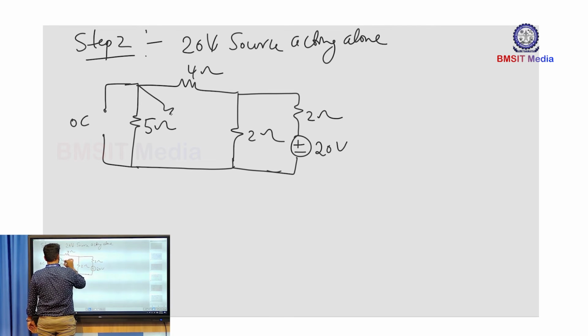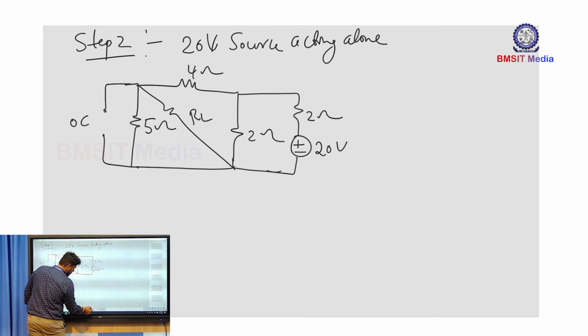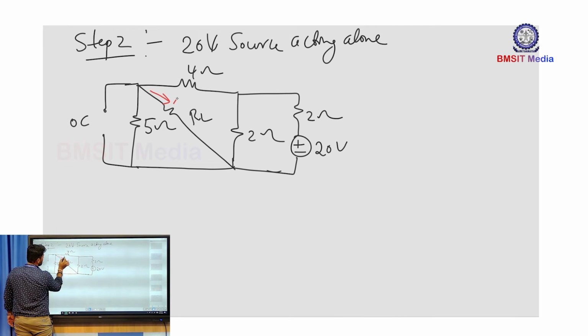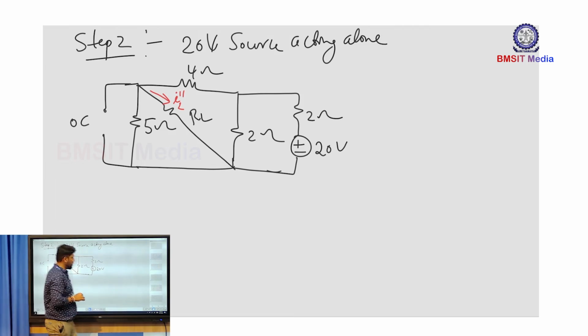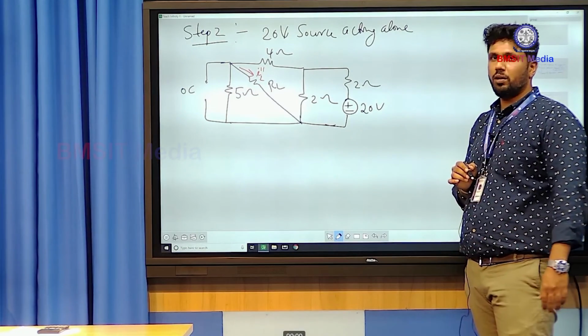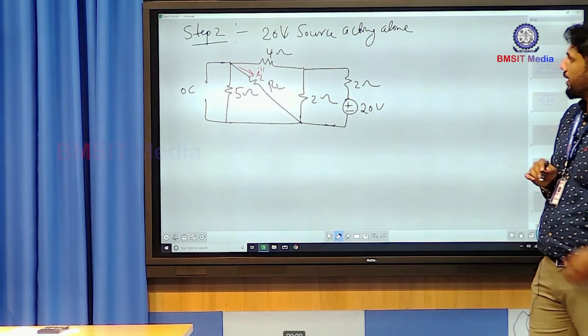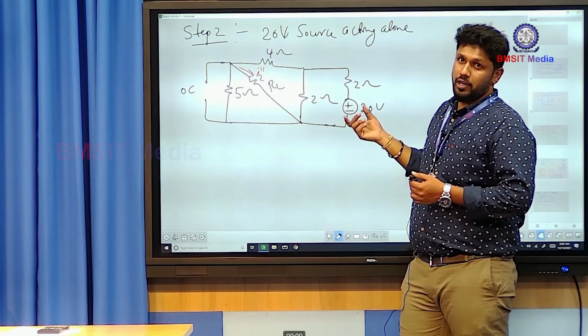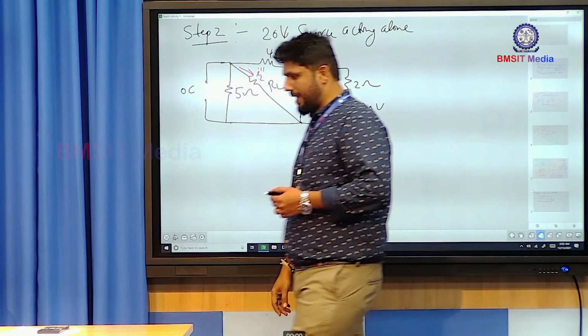Connect the same load resistance here, your RL, and we are interested to find out this load current, which we have represented as IL double dash. Now you can use the concepts we know, KCL, KVL, or the nodal method or mesh method, to obtain IL double dash in the presence of the 20 volt voltage source acting.